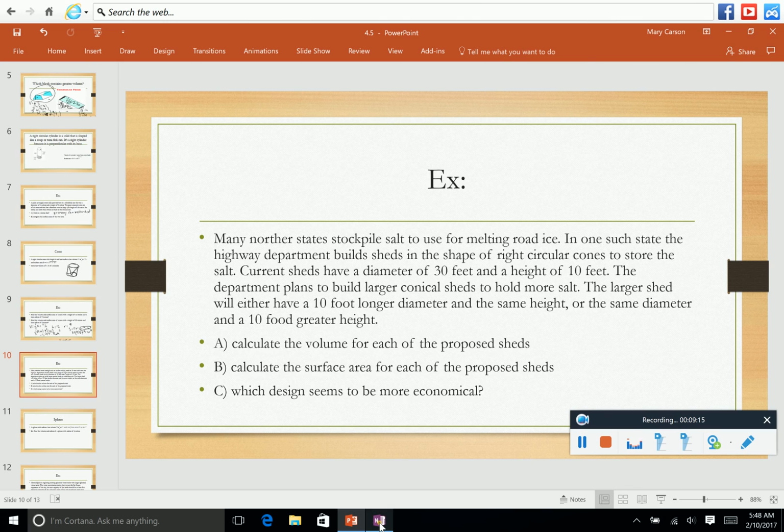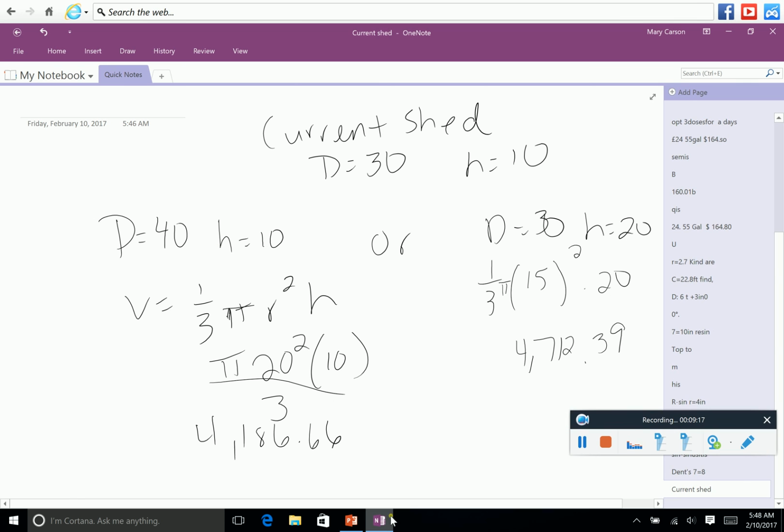Okay, so now they want us to calculate the surface area. So the surface area formula is pi r times the square root of r squared plus h squared. So that would be pi times 15 times the square root of 15 squared plus 20 squared.